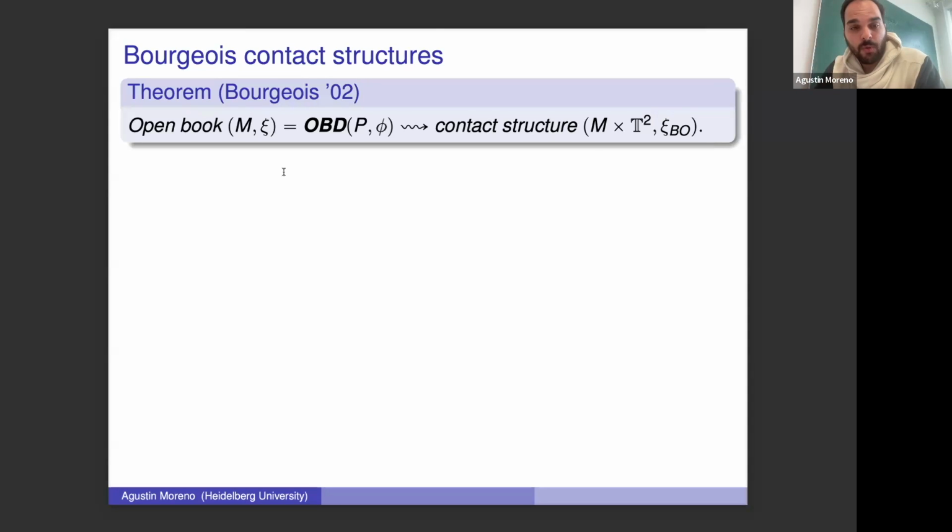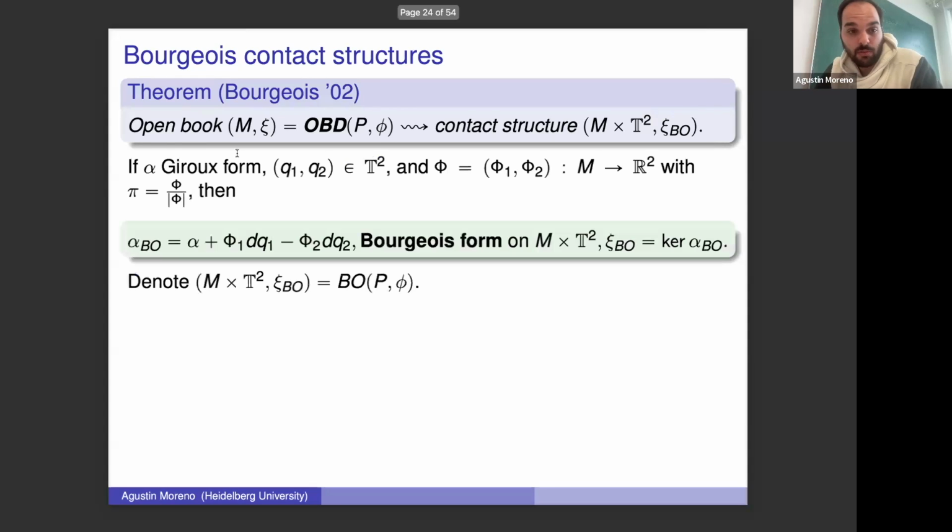Okay, so this is a fairly simple and straightforward construction using the Giroux correspondence. The construction is you start with the Giroux form, you take coordinates q1 and q2 on the two torus, and you consider what's called a defining map for the open book. So the open book, you want to present it as phi divided by its norm, where phi is a map from the manifold to R2, which has two components, phi1 and phi2.